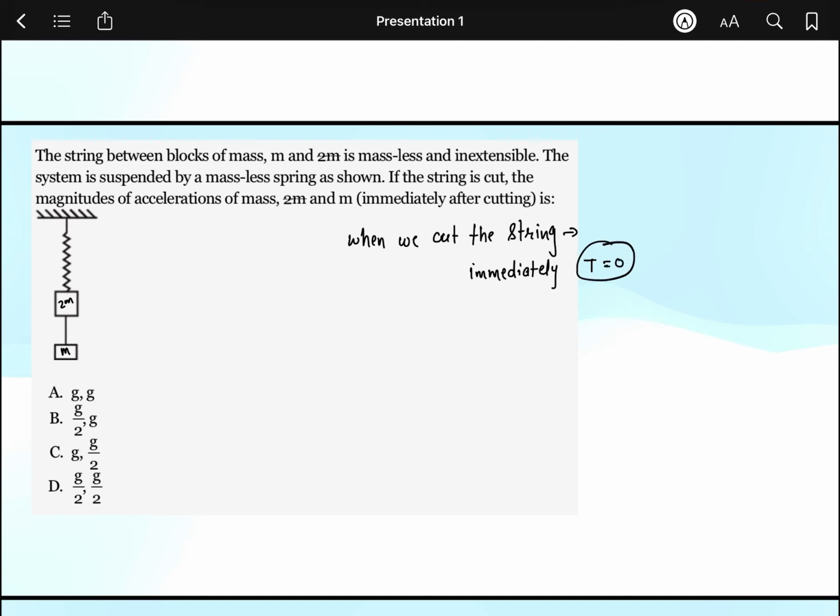That is, instantaneously it will be zero. That means tension in the string changes instantaneously, but the spring will have some extension, so it will not be changing instantaneously. So there will be force acting due to the spring.